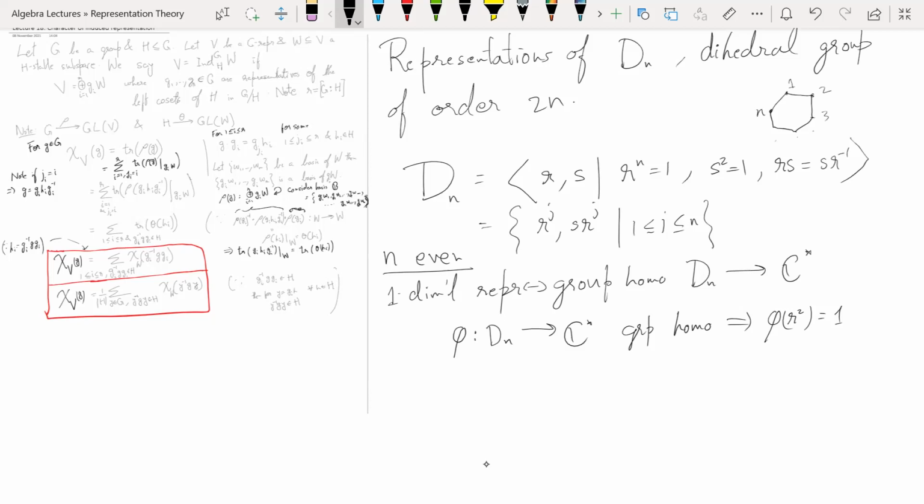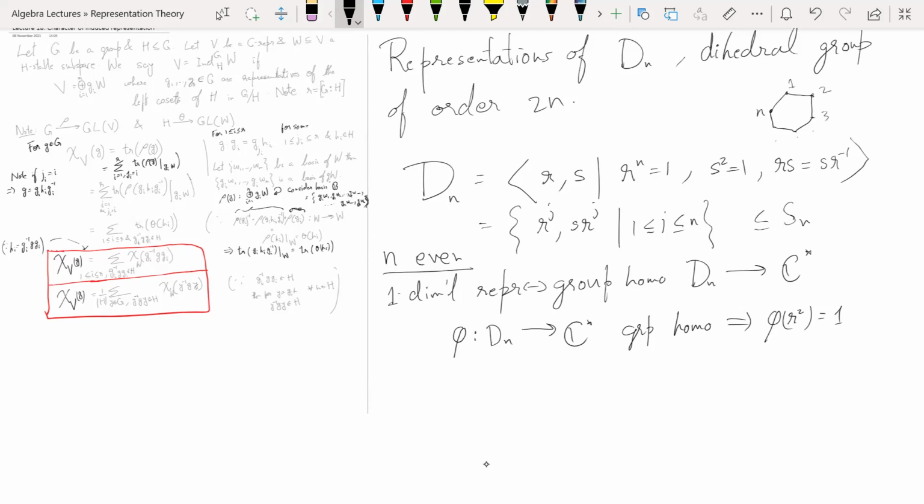You can also think of it as a subgroup of S_n. I suppose you know all this from group theory. These are certain permutations of 1 to n, but we don't allow all permutations. We only allow permutations which will not distort the polygon, so to speak.